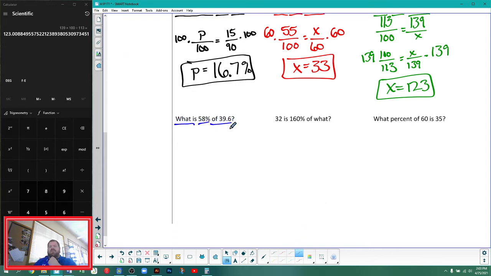What is 58% of 39.6? Percent over 100 equals is over of. Pretty easy to use my solving equation strategy here.